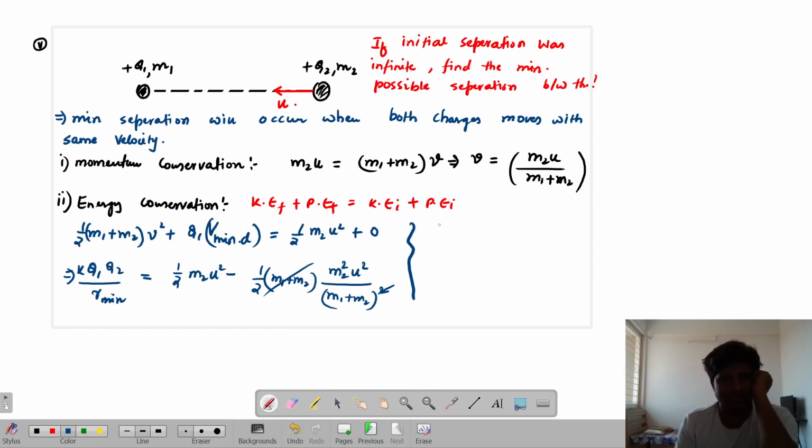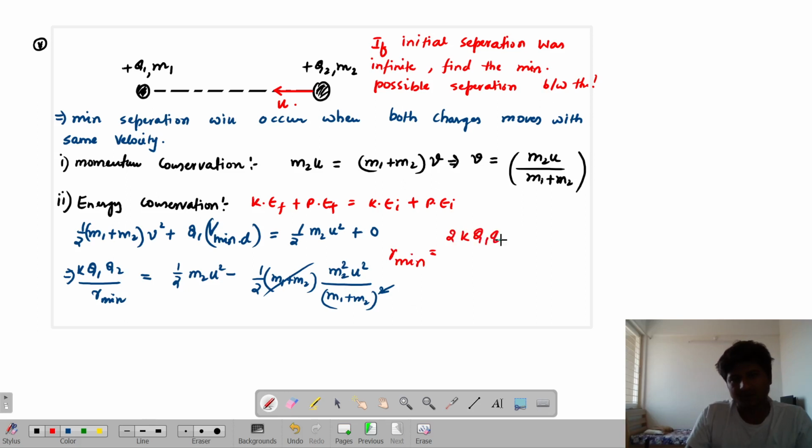The r minimum appears as twice k q1 q2 into (m1 plus m2) divided by m1 m2 u square.